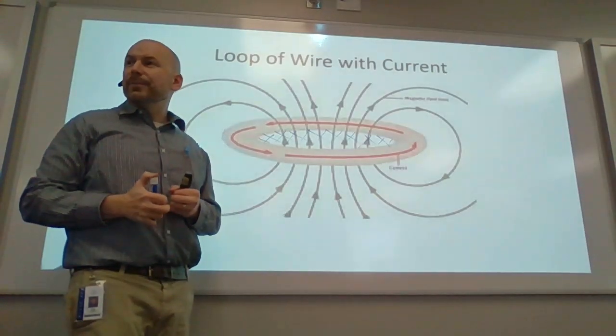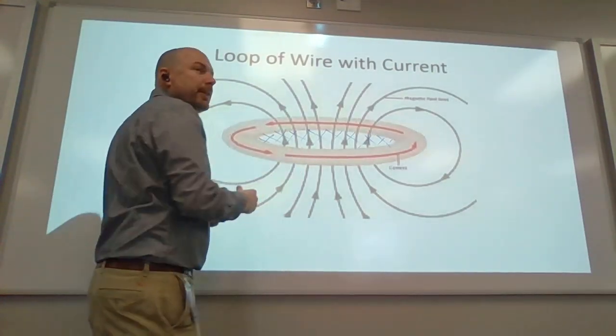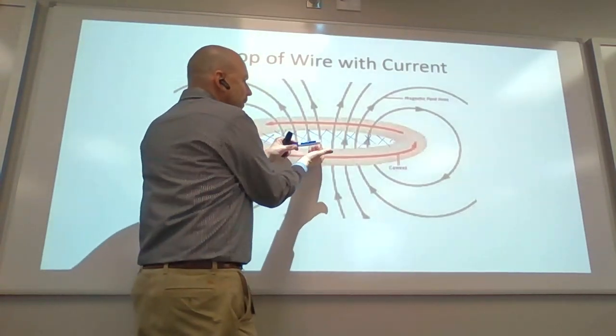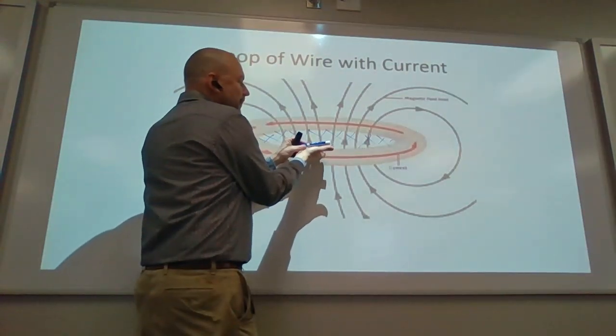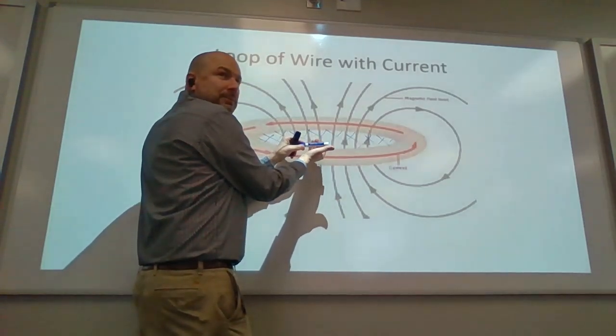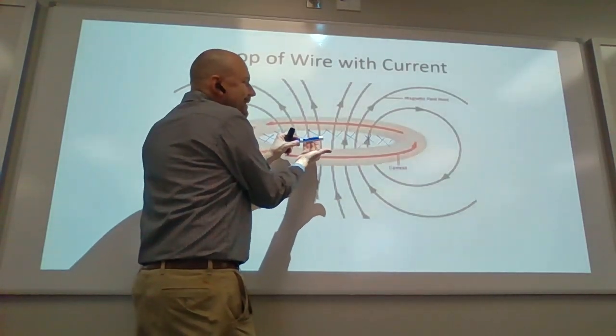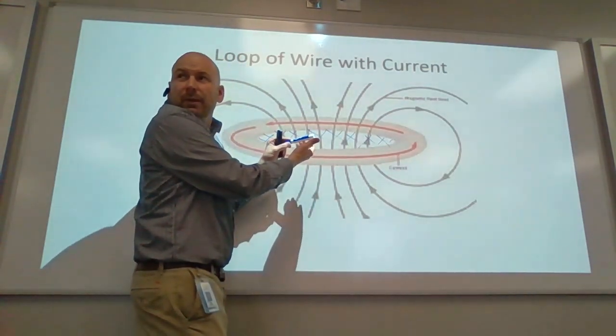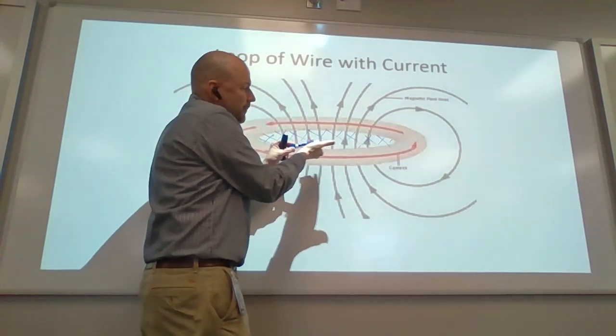I want to know the direction of the magnetic field in the interior of the loop. So I'm putting my pencil here, and my fingers behind this, because this is inside the loop. Does that make sense? My thumb's going to the right.